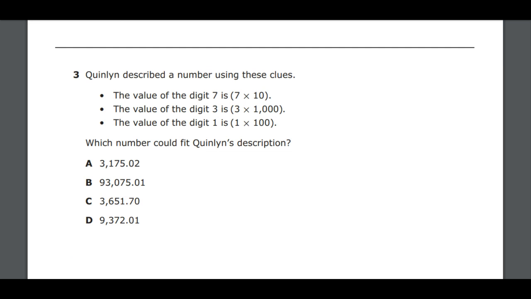Which number could fit Quinlan's description? A, 3175.02. B, 93,075.01. C, 3,651.70. D, 9,372.01.